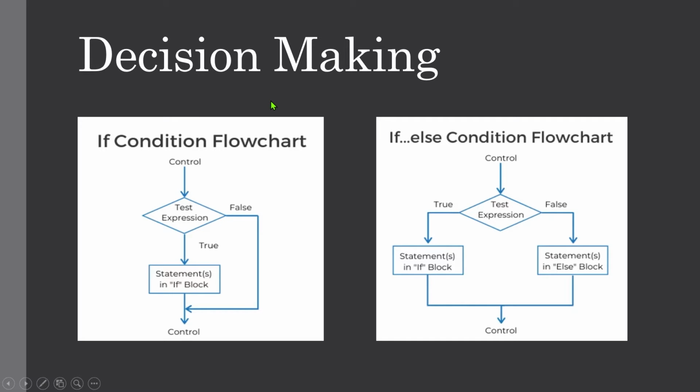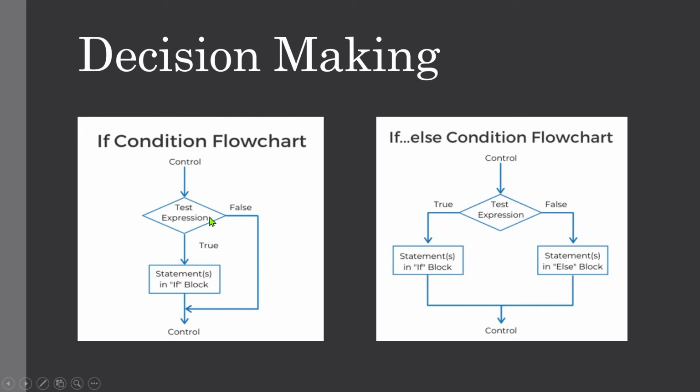Now let us understand about if statements. If statement is the simplest decision making statement. It is used to decide whether a particular statement is true or not. If the condition holds true, the statement inside the if will be executed, else it will not be executed. Now you can see the flow chart of the if statement.